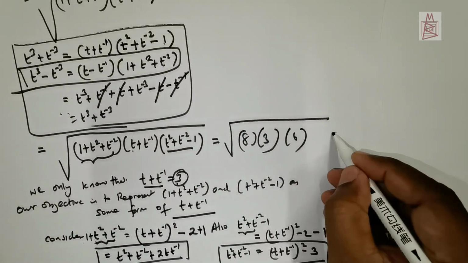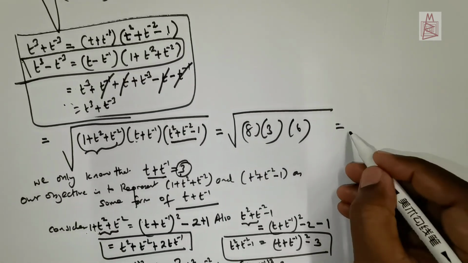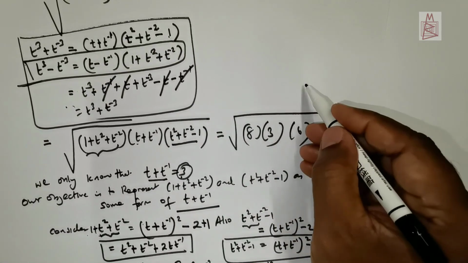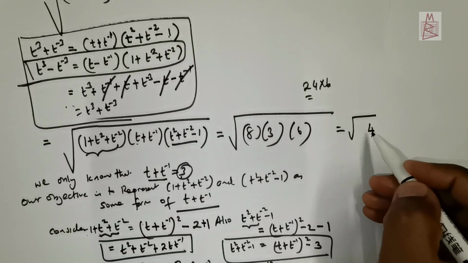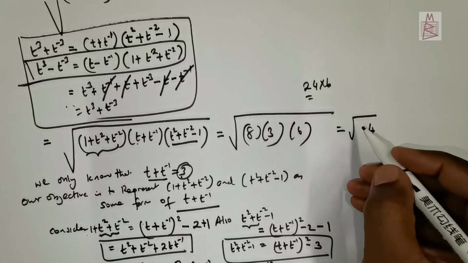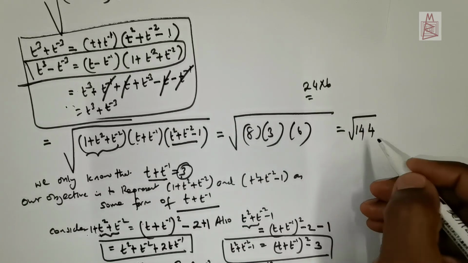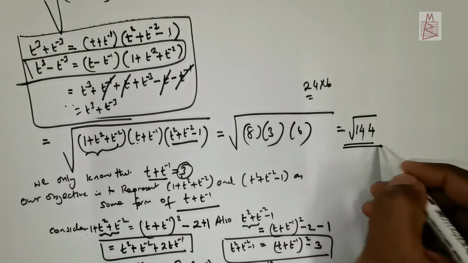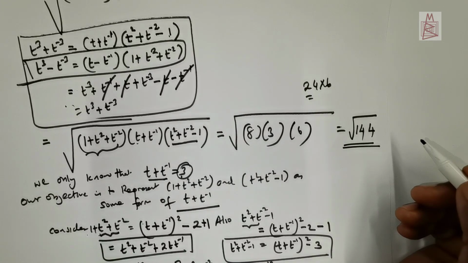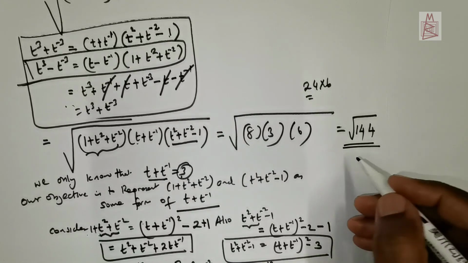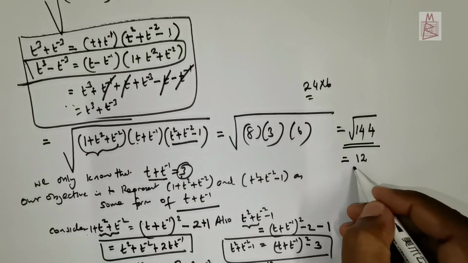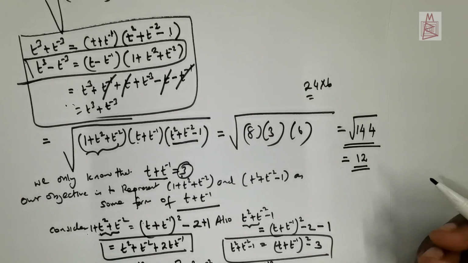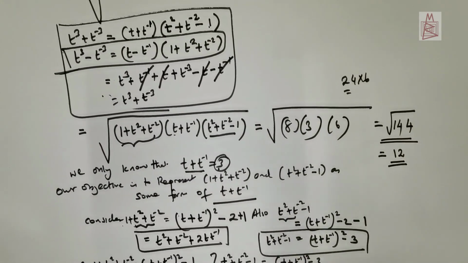So this is equal to root of 8 times 3, which is 24, multiplied by 6. 6 times 4 is 24, 6 twos are 12, 13, 14. You get 144. This is the value that you're getting. But the root of 144, we know it is plus 12 or minus 12. So that is the final answer. Students, I hope you understood this question.